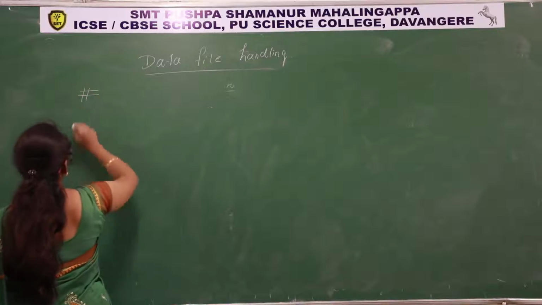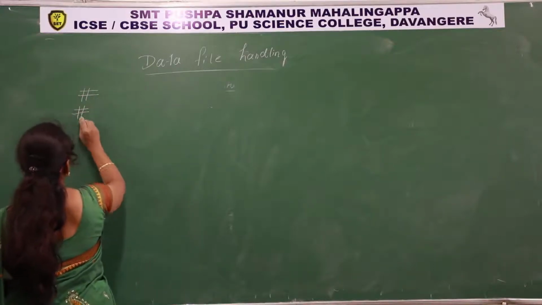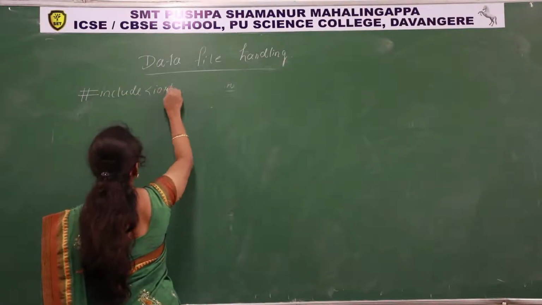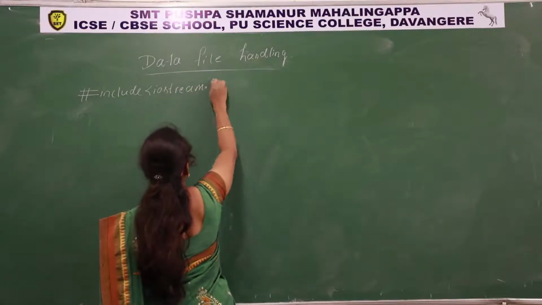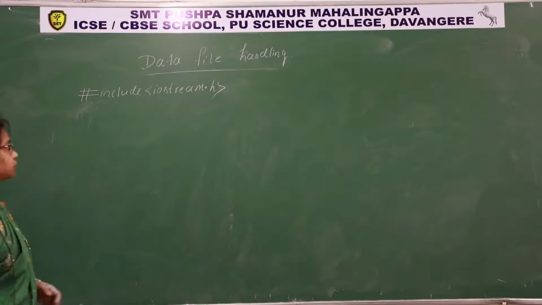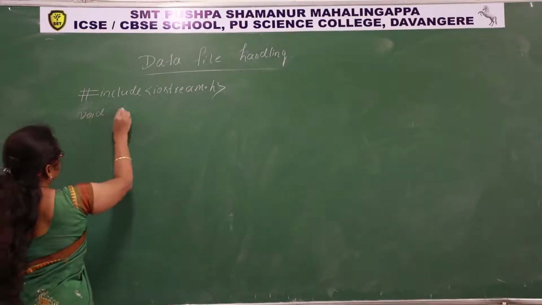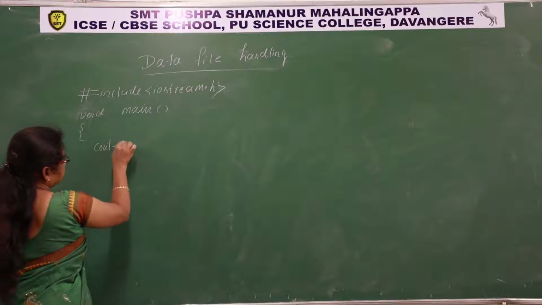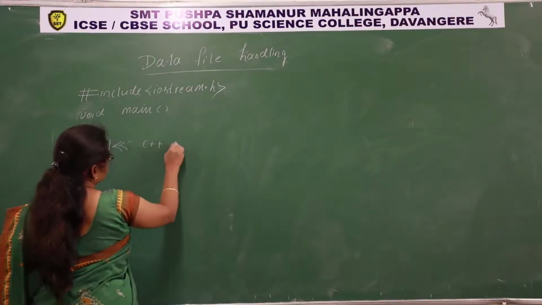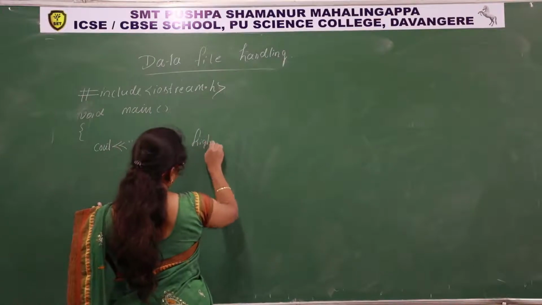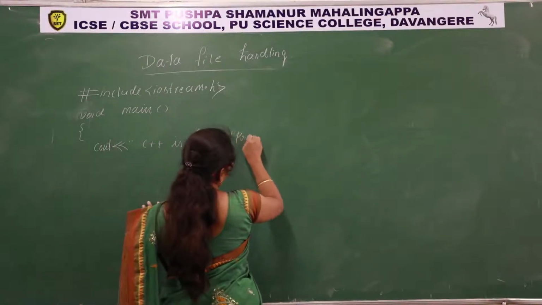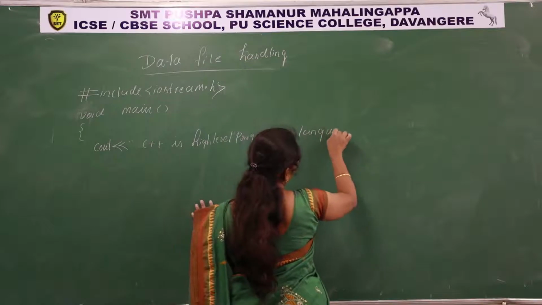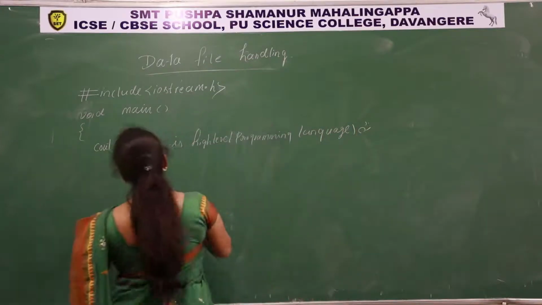If you want to display a text on the screen, I'll write a program like this: #include <iostream.h>, void main, open curly bracket, cout insertion "C++ is a high level programming language", close.